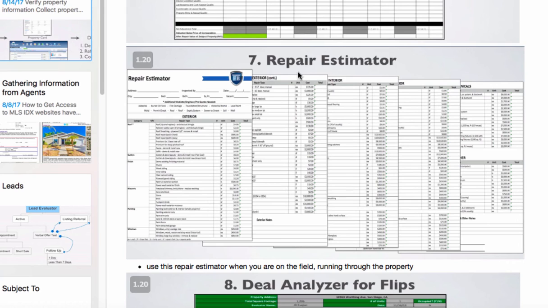But it gives you more or less a range of how much you would probably spend on a repair, so that you can subtract that or actually add it to the existing value, the as-is value as we call it, and then based on that see how much of a margin you would have to see if the investment is worthy of your time, right?